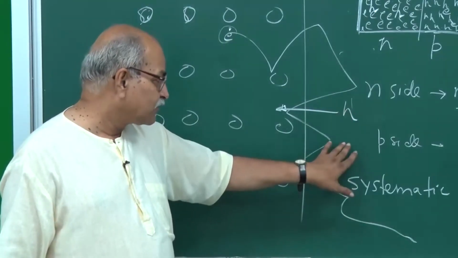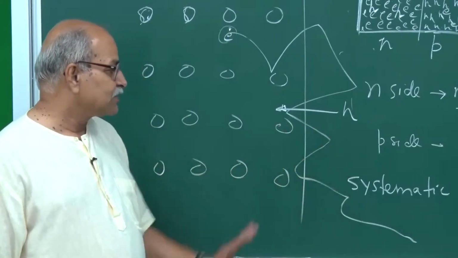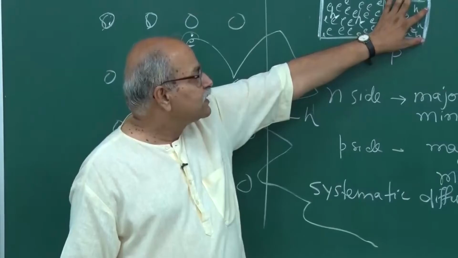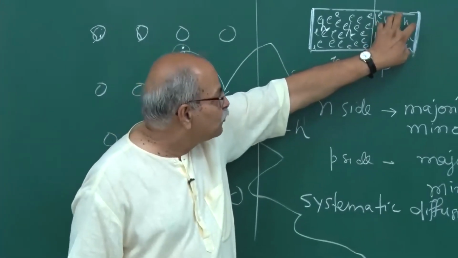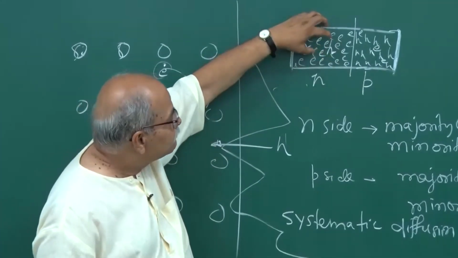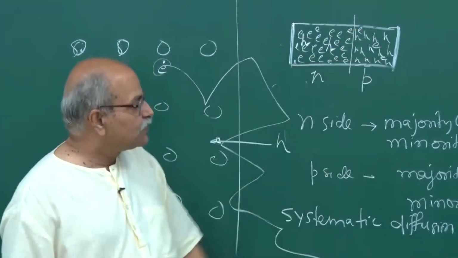So this hole is gone from here, and a new hole is created here. We say that this hole has diffused. So since a large number of holes are there, once again the diffusion of holes from right to left in this figure will be much larger than the diffusion of holes from left to right. And hence what will happen?